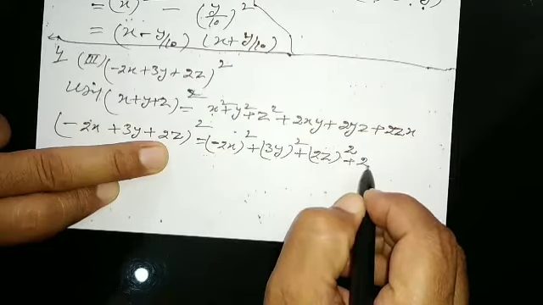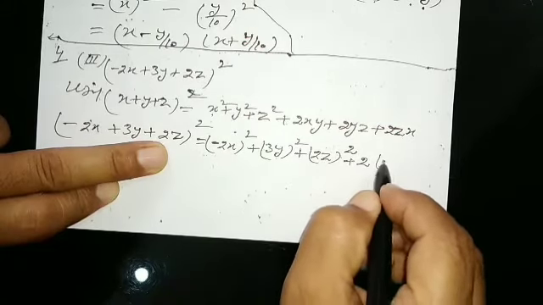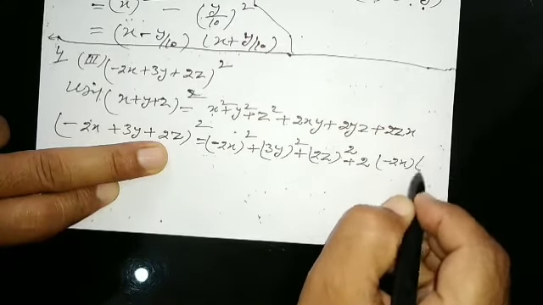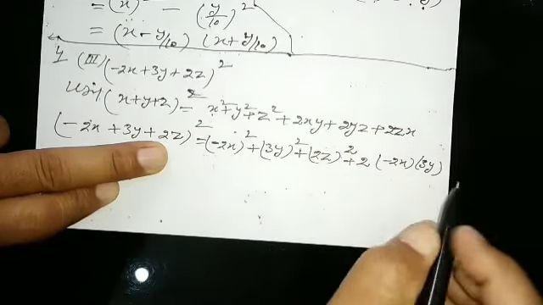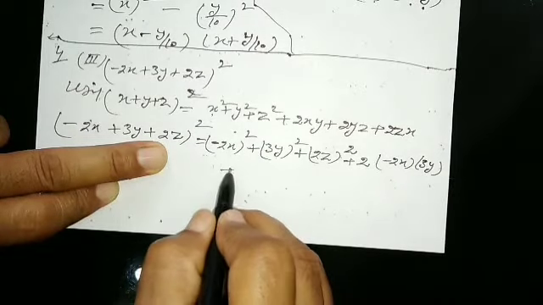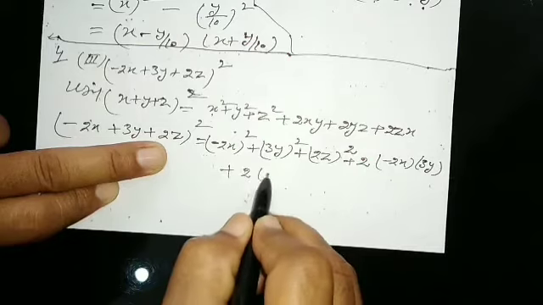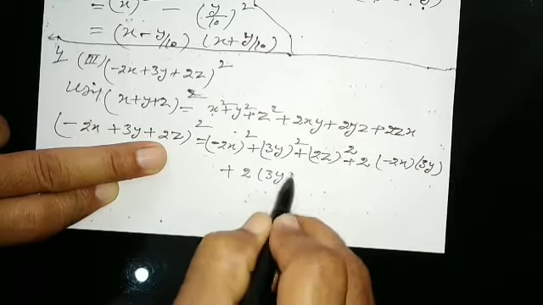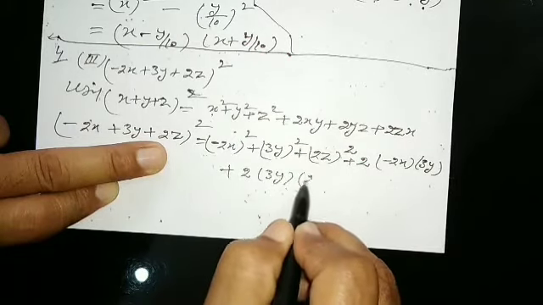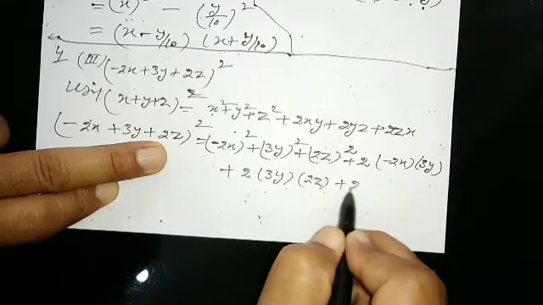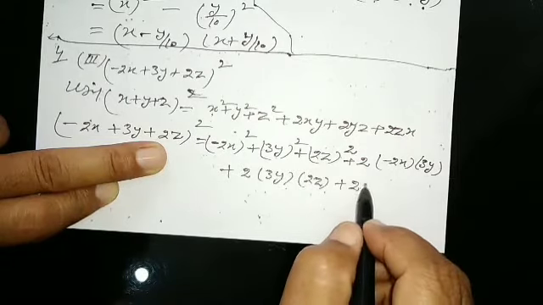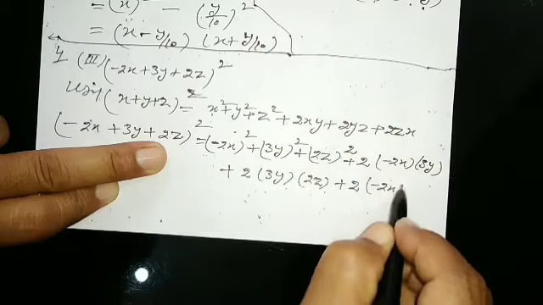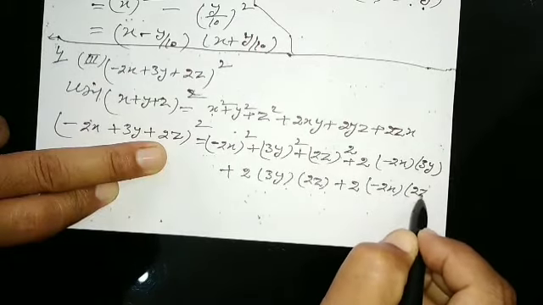Then 2 into first into second. First is 2x, second is 3y. 2 into second and third: second is 3y and third is 2z. And 2 into first and third: first is 2x and third is 2z.